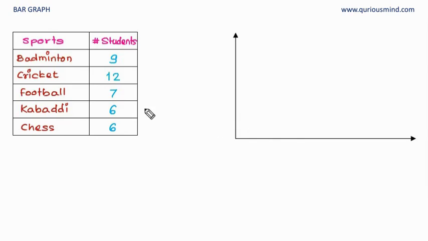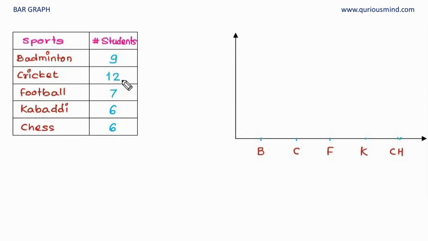And we can represent one of them, like the sport or the number of students, on one axis. Generally, we use the x-axis to represent the category. So let's write down the category here. We keep the same distance between the categories. So we have displayed the categories on the x-axis, and on the y-axis we are going to display the number of students.